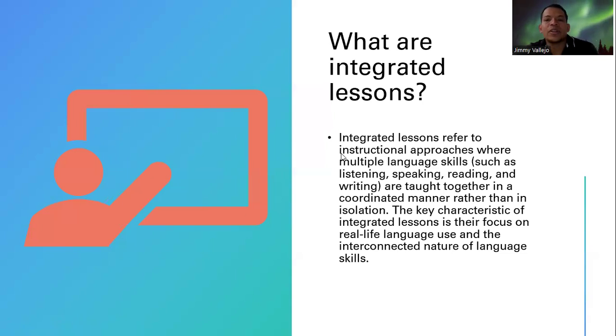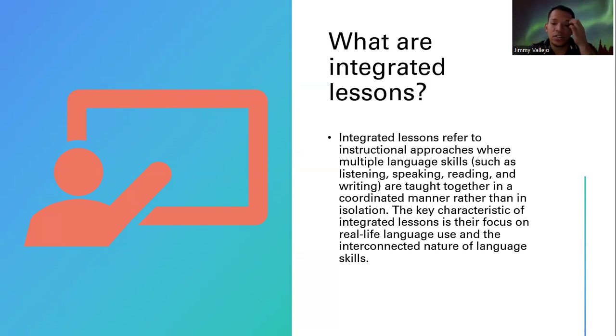An integrated lesson refers to an instructional approach where multiple skills, all the skills that in a language should be taught, which are listening, speaking, reading, and writing, are taught together in a coordinated manner rather than in isolation.